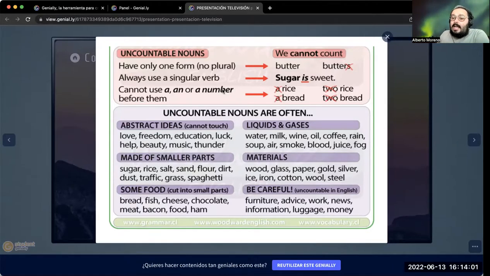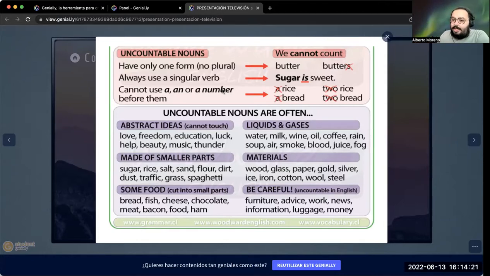Y bueno, aquí hay algunos que sí vienen en su examen, que deben de ser súper cuidadosos. Estos sustantivos son no contables en inglés, pero en español son contables. En su examen vienen, y para que estén alertas, si los ven, pongan que son no contables.